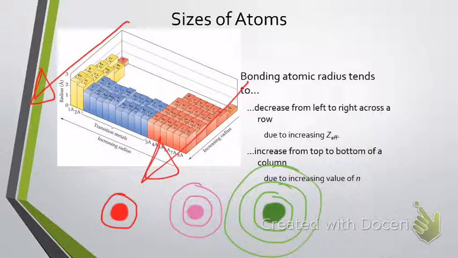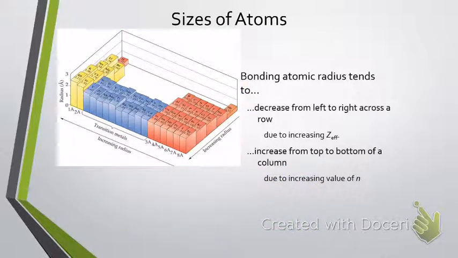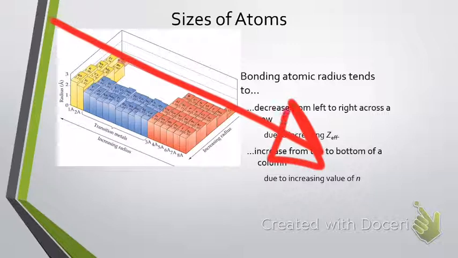Now, that one's relatively easy to understand. The one that's a little bit more difficult to understand is that as you go from left to right on the periodic table, atoms typically get smaller. That's what this little diagram here is showing.